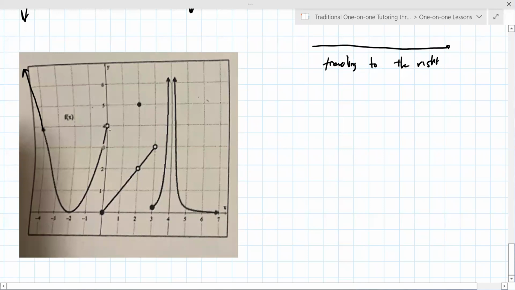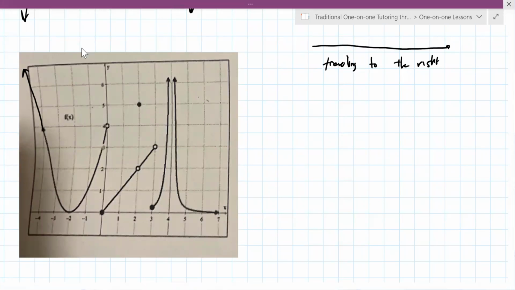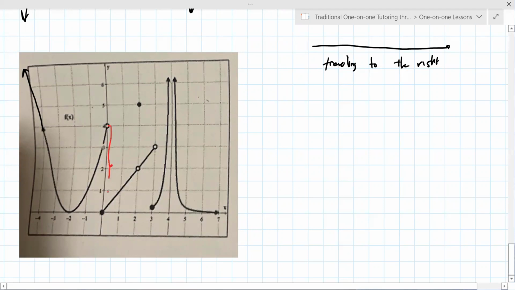Your problem is you have to jump. Let me do that in a different color. You have to jump to get back on the graph. And that's one type of discontinuity, called a jump. It's discontinuous at 0 because you can't go from where you were to the next part of the graph without jumping.